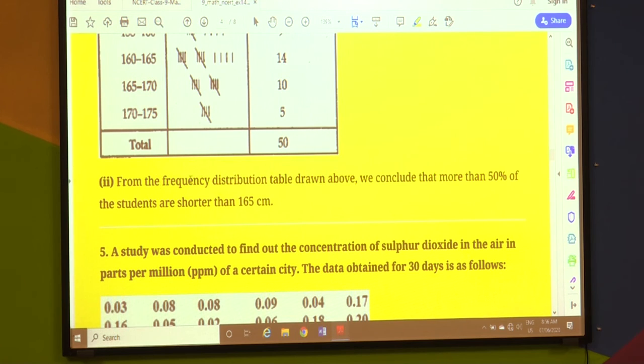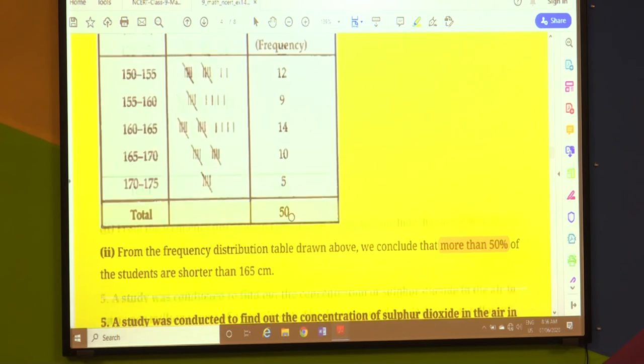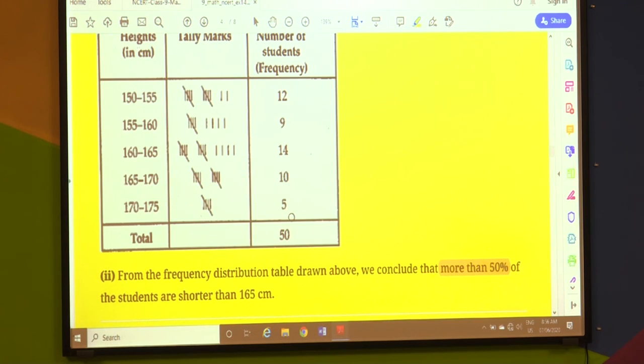From the frequency distribution table drawn above, we conclude that more than 50% of the students are shorter than 165 centimeters. What they have said is more than 50%. The total number of students is 50.